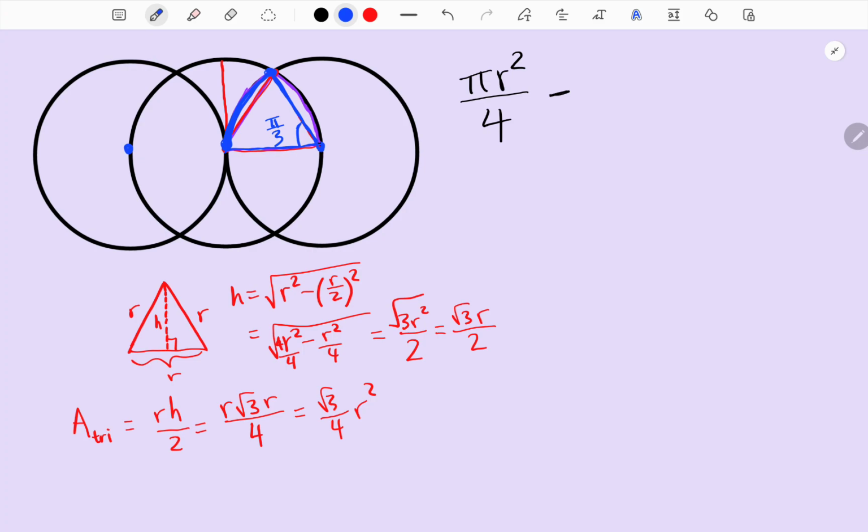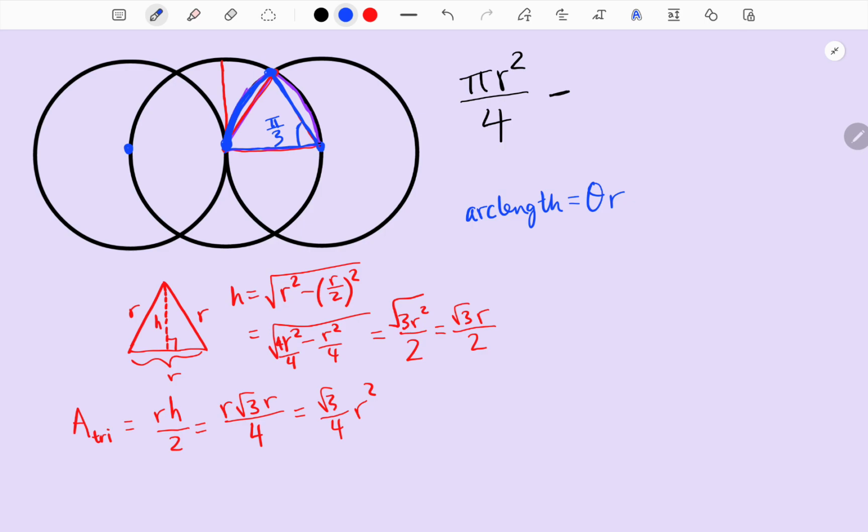Okay, so how do we do that? Well, arc length is equal to theta times the radius of the circle, where theta is just the angle of the section right over here.